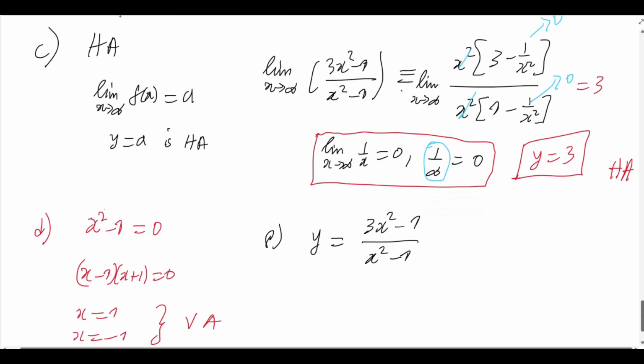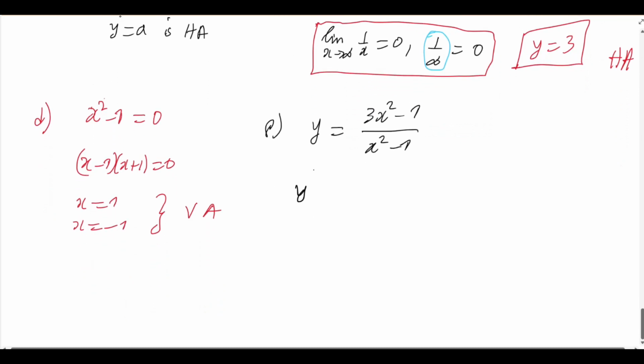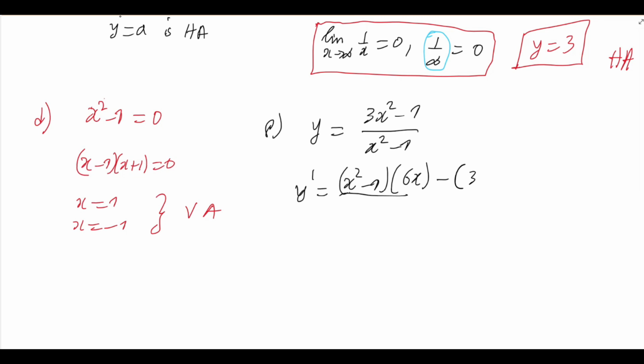So to get our first derivative, y prime, this is a quotient, so we're going to use the quotient rule, which is the bottom x squared minus 1, times the derivative of the top, 6x, minus the top 3x squared minus 1 multiplied with the derivative of the bottom 2x, all over the bottom squared, x squared minus 1, all that squared. So we have to simplify this.